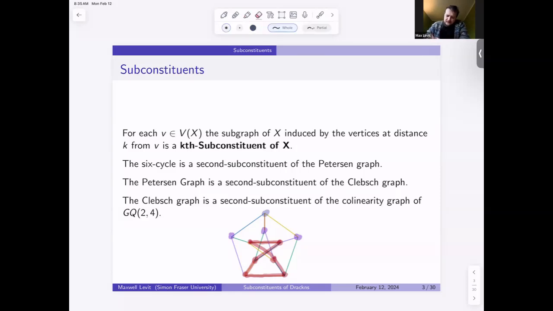Now, to give another example that motivates some more interest in these things, the Peterson graph itself is a second subconstituent of another distance regular graph. You can define this Klebsch graph by taking an independent set in the Peterson graph of size 4 and building a new vertex and attaching each vertex from that independent set.